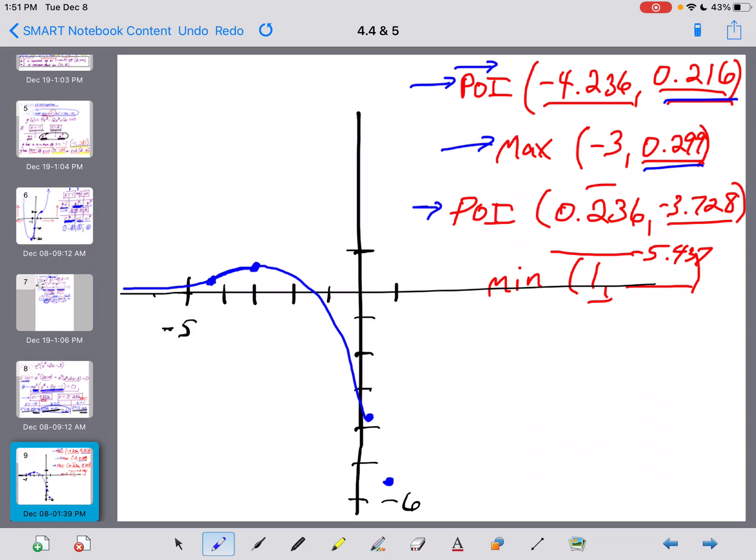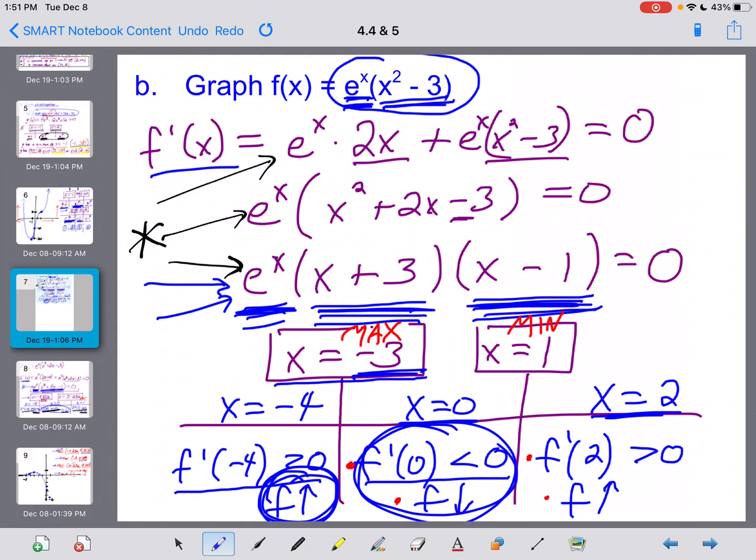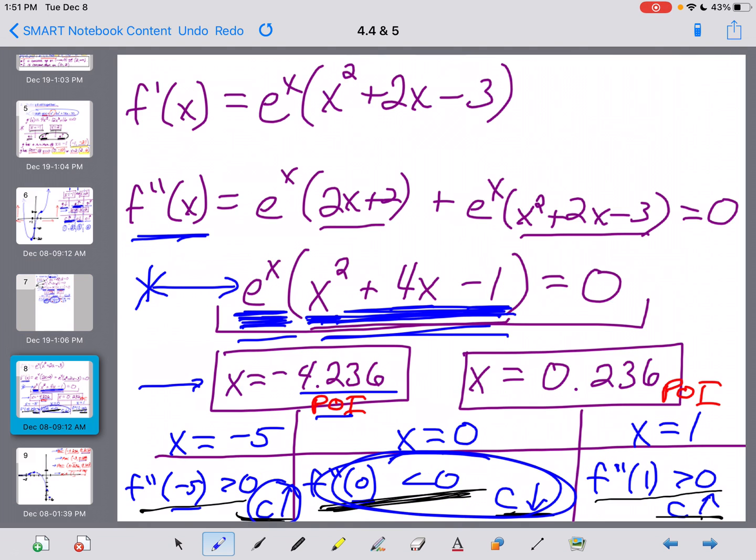Our penultimate interval, everybody, is greater than 0.236 but less than 1. So what's our behavior here and then what's our interval? All right, we are still in this interval here because we haven't gotten to 1 yet. So our function is still decreasing, but now we have moved on into, am I right?